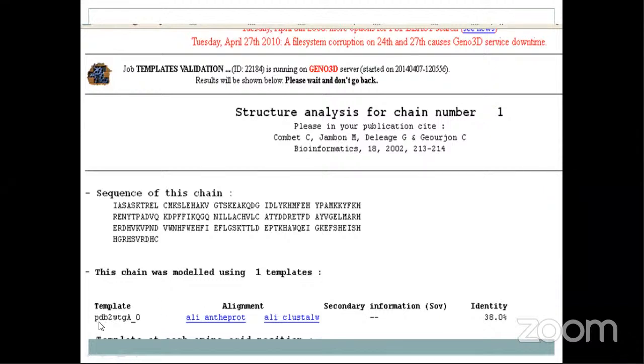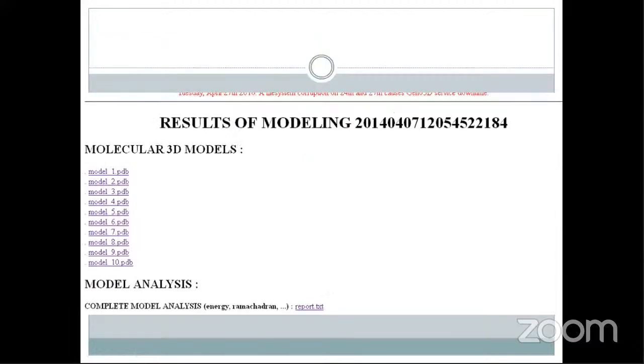You can see here PGP 2WDTNO. These are all codes for the secondary structural databases. So like this you will be getting the models based on the Geno3D analysis and you can generate the 3D structure.